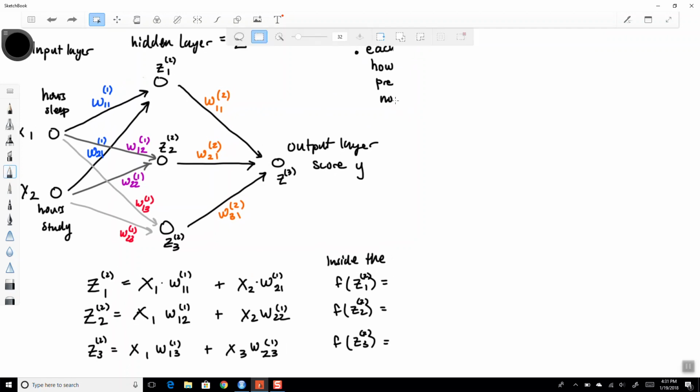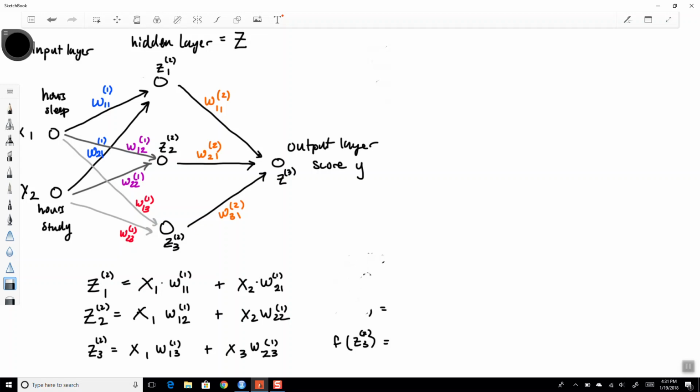How do I? I just want to erase some of this stuff here.